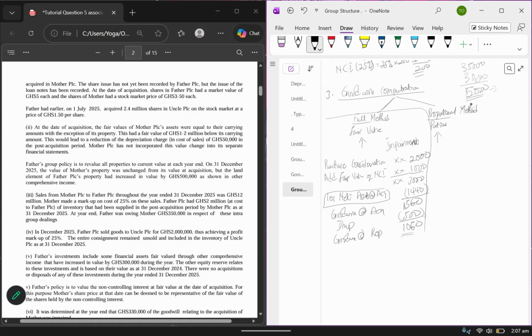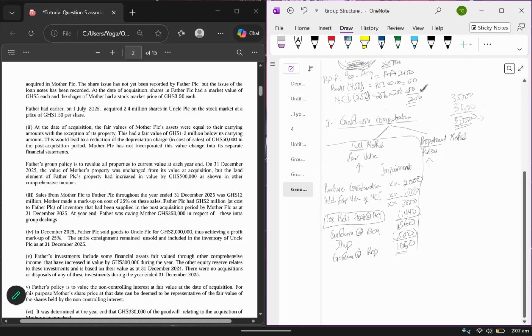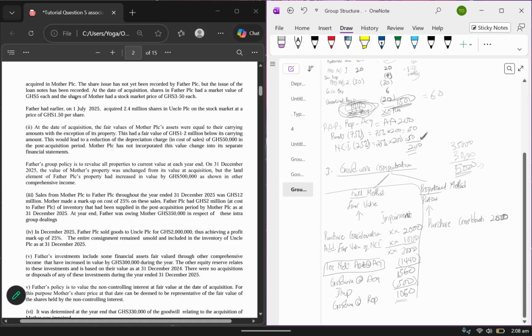But for the proportional method, we are saying that because the impairment wouldn't be shared between the NCI and the parent or the group, you just bring the purchase consideration, okay, 2,000. Now you ask yourself, this 2,000, what are we paying for with this 2,000? We are paying for the 75% of the net assets that we are acquiring.